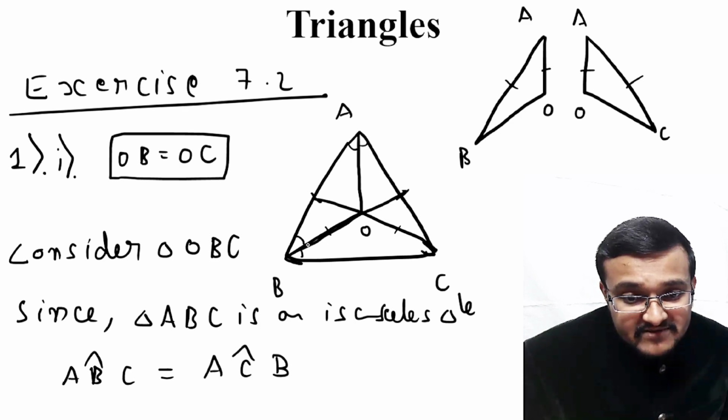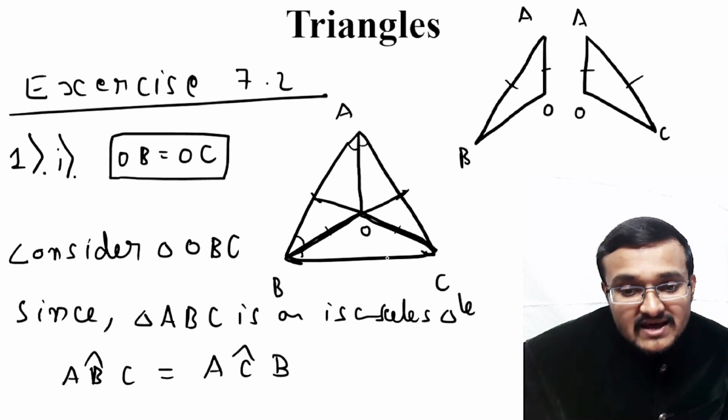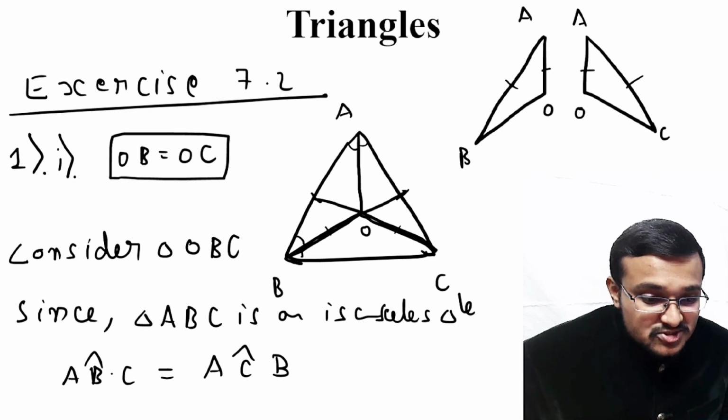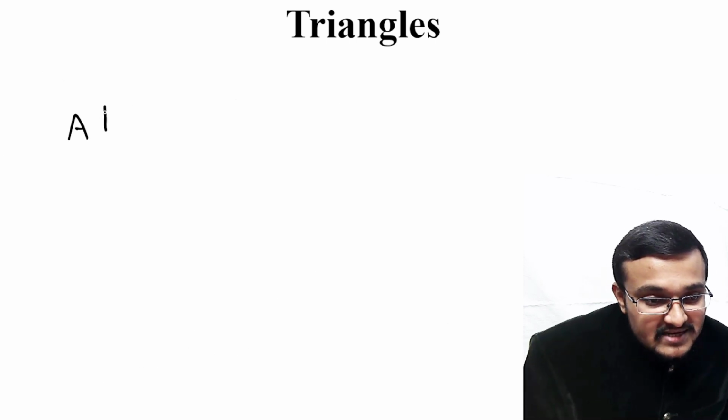And in the data they have given that BO is an angle bisector and also OC is an angle bisector. In the place of ABC, I'll just write this in a new slide.